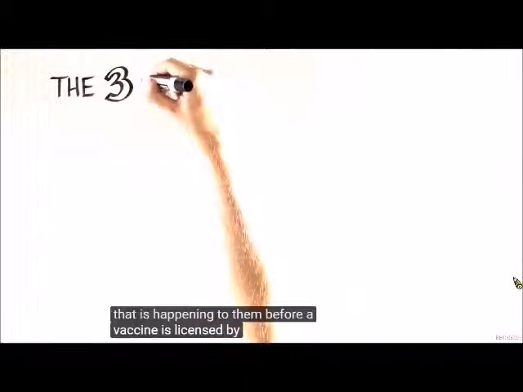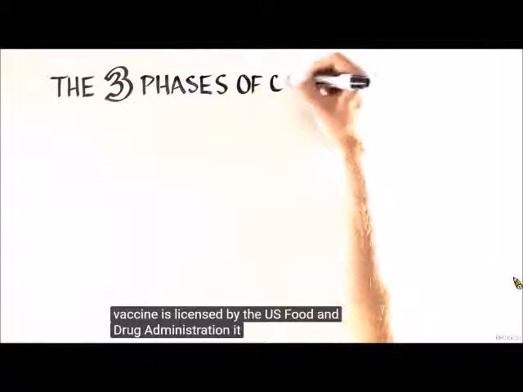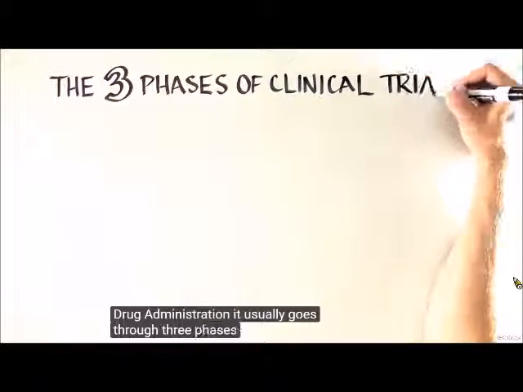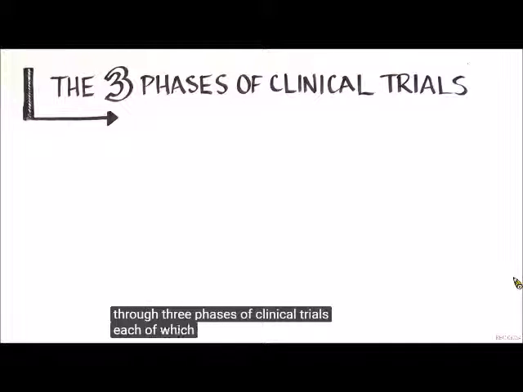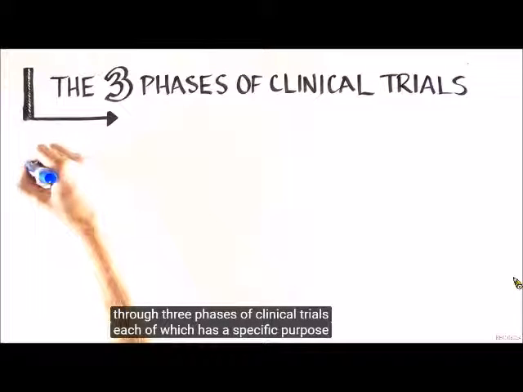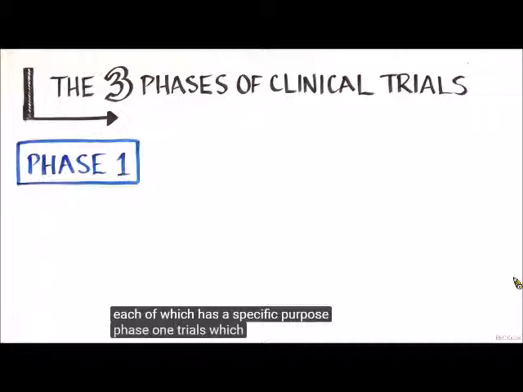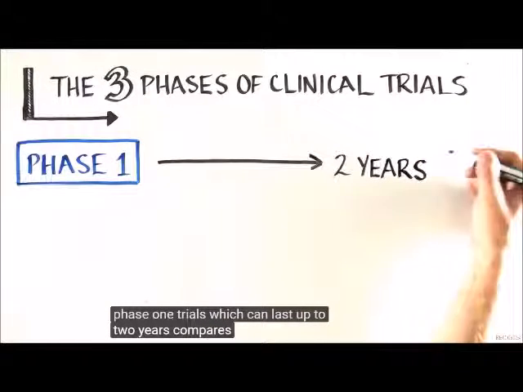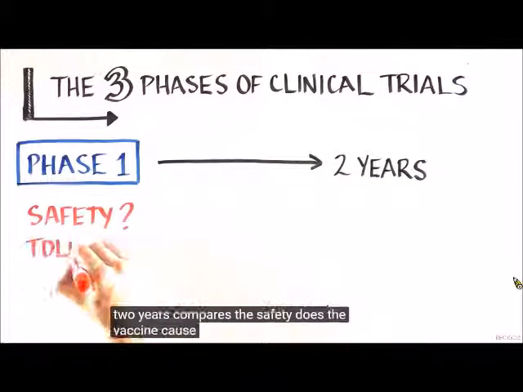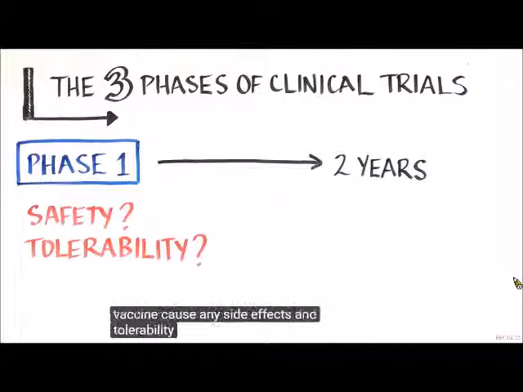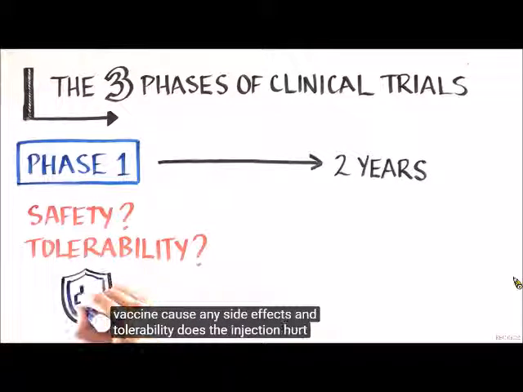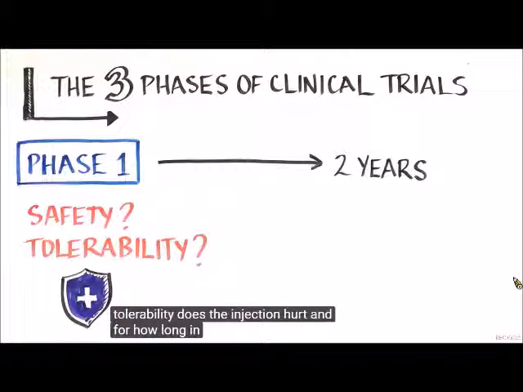Before a vaccine is licensed by the U.S. Food and Drug Administration, it usually goes through 3 phases of clinical trials, each of which has a specific purpose. Phase 1 trials, which can last up to 2 years, compares the safety. Does the vaccine cause any side effects? And tolerability. Does the injection hurt, and for how long?